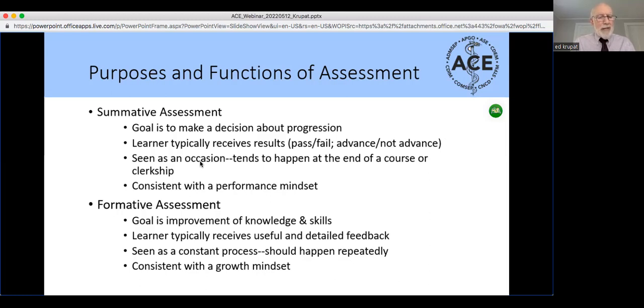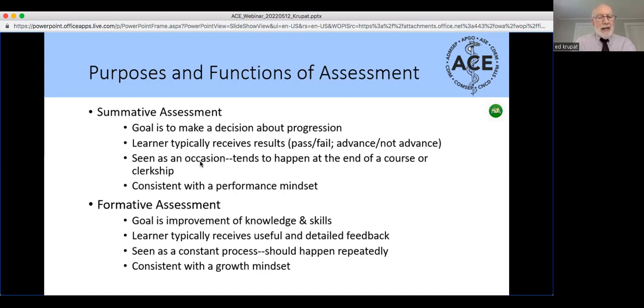In formative assessment, the learner receives useful and detailed feedback. And there are programs that I'm sure you have and will take on how to give good feedback. But a key part of formative assessment is to observe, is to test, and then to give people feedback.